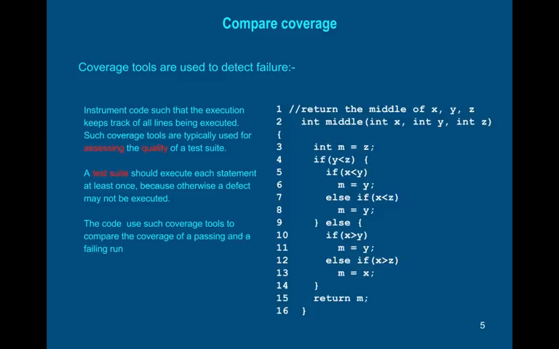And the code uses such coverage tools to compare the coverage of a passing and the failing run. This code snippet shows how to do this. So you can see that there are conditions for each one: if y is smaller than z, or if x is bigger than z, and for each check there is a different return.